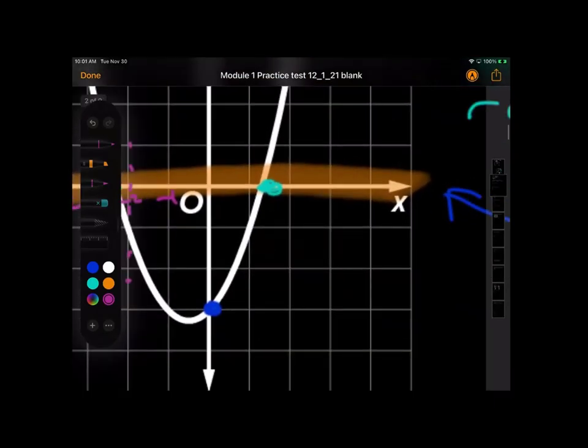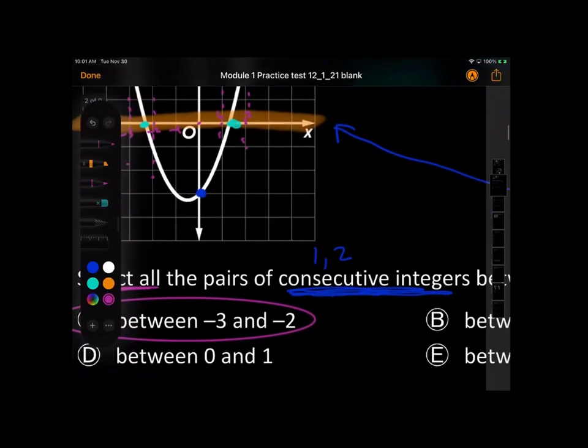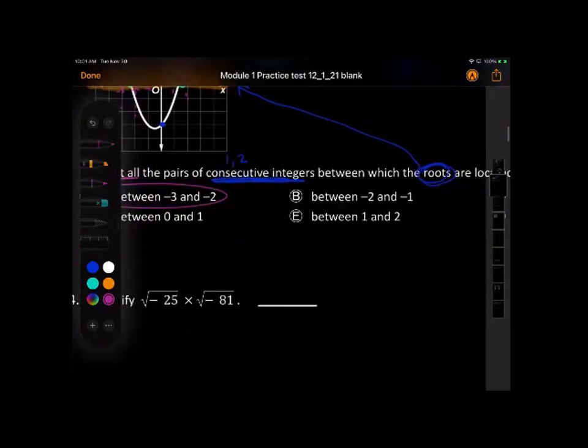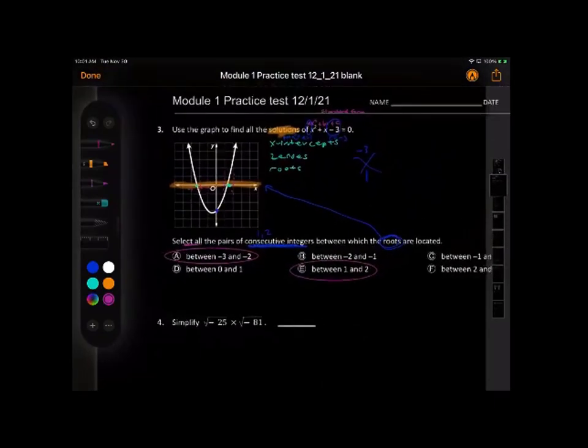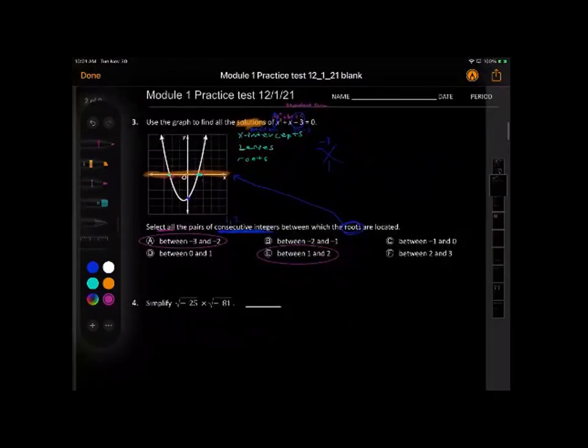And then the one over here, well, this is 0, this is +1, and this is +2. So that would be choice E. Okay, so in this problem, we found where the roots are. They're between 1 and 2 and -3 and -2.